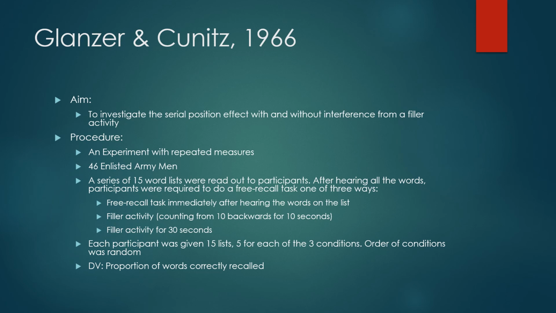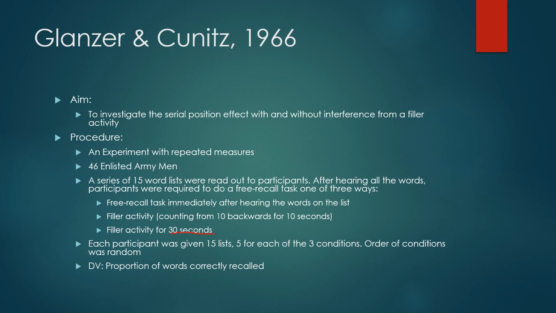And if we think about the short-term memory, we talked about how it lasted 30 seconds. So the potential for this filler activity that took 30 seconds might say some things about the serial position effect, but also the multi-store memory model.